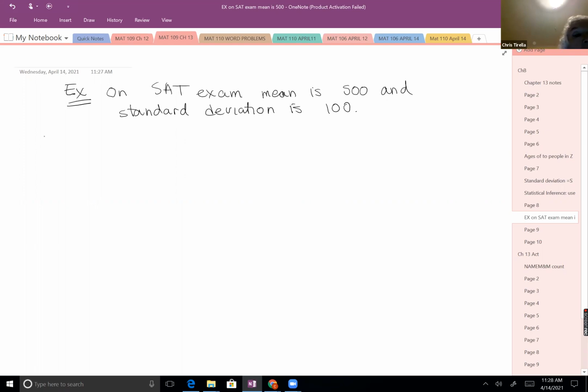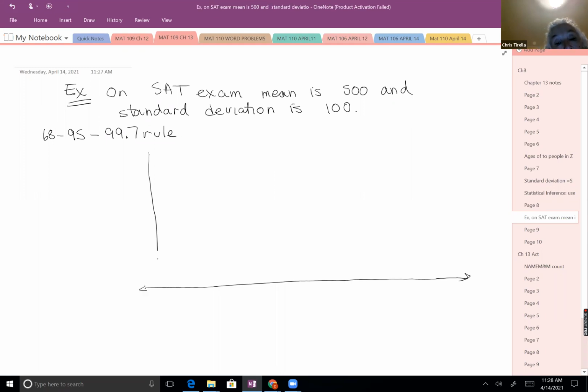And so if I look at that 68, 95, 99.7 rule, when I use this rule, I always draw my bell curve.